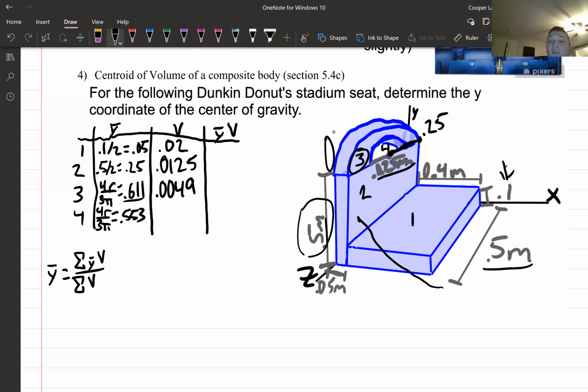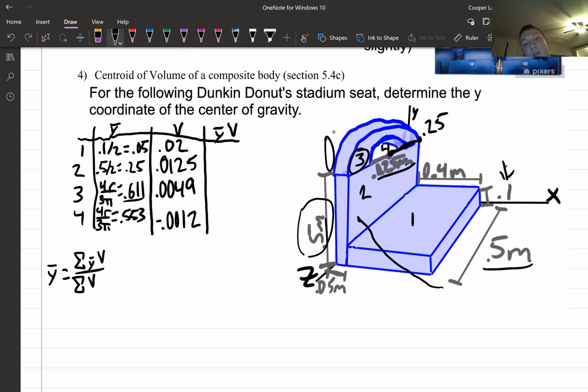Then that moves on to shape 4, where we do a very similar thing as we did for shape 3. However, this time it's going to be negative because it's a hole, because it's not actually existing there. It's a hole, like you could see through it, so it's the absence of volume in that area. So I do the same thing, except I make it negative. When I plug all my values in, I get negative 0.0012.